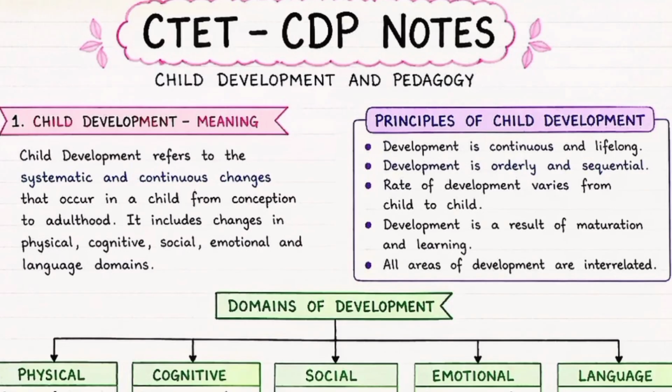Second point is development is orderly and sequential, which means that development takes place from center to periphery gradients. The spinal cord of the child develops first and then the outward development of heart and chest etc. takes place.